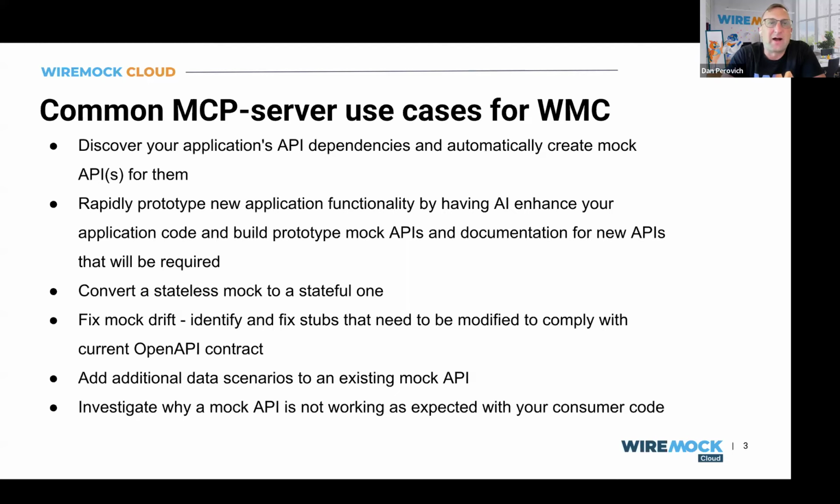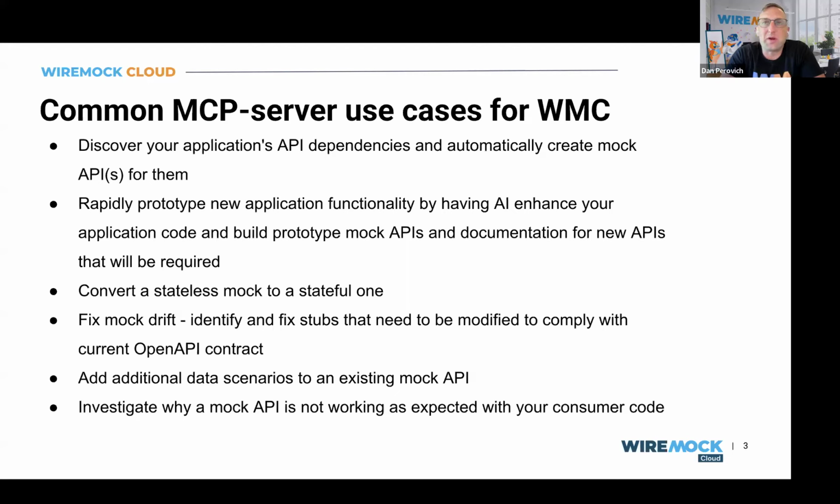And the last one, I did showcase this on one of the previous WireMock lives, is asking our agent to interrogate the mock API and our consumer code to understand why the mock API isn't behaving the way we expect it to.